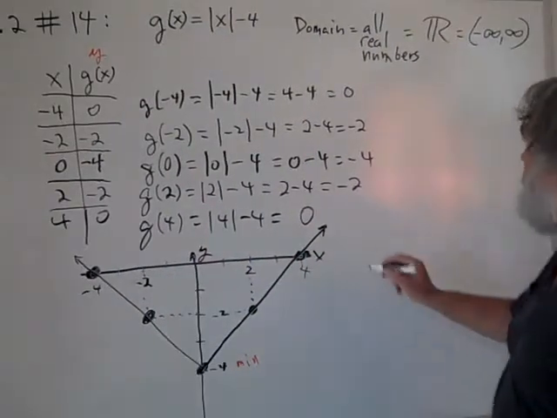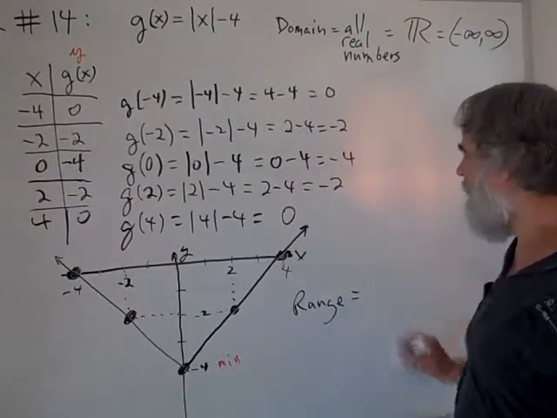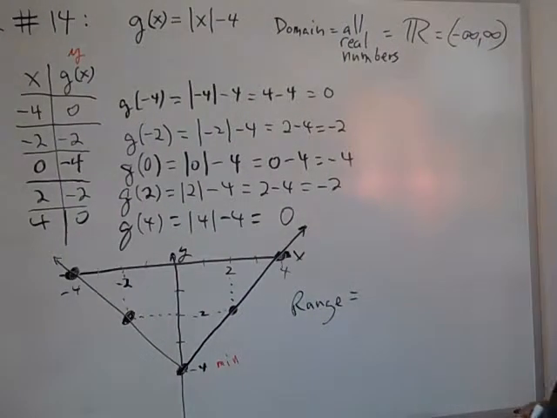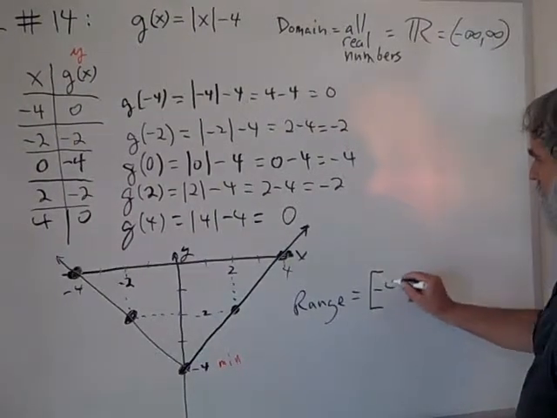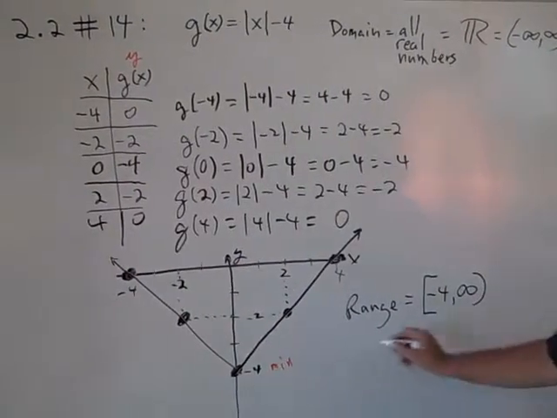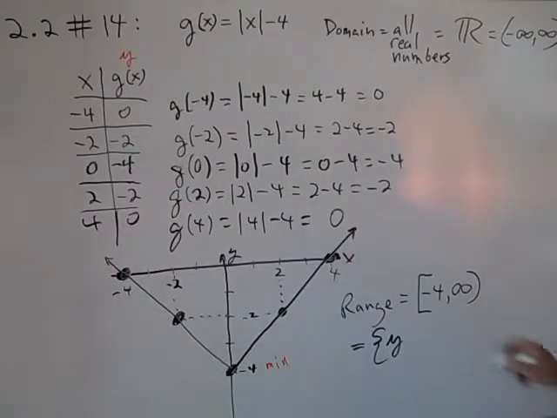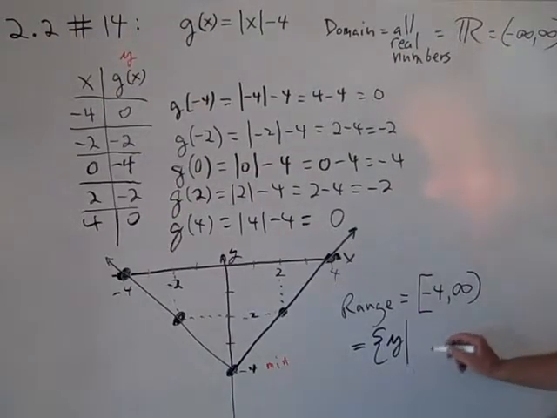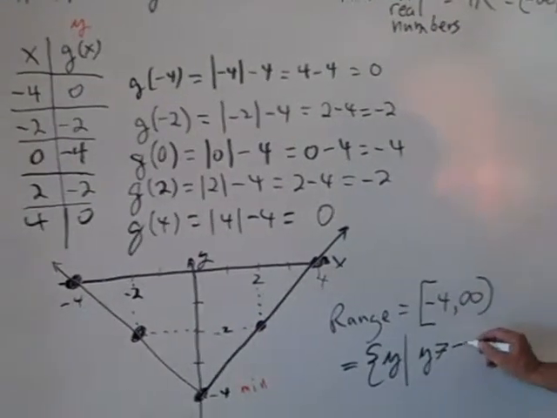Therefore, the range of this function must be all real numbers from -4 up to infinity. So in interval notation, we could write that as -4 to infinity. Or you could say this is the set of all real numbers y such that y is bigger than or equal to -4.